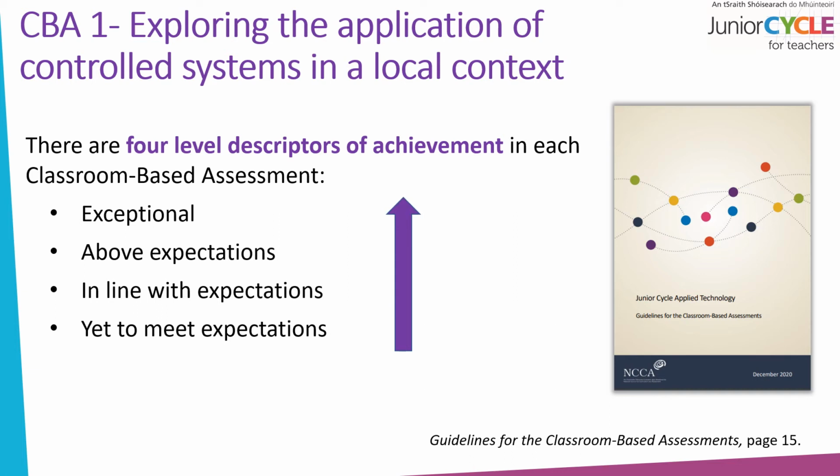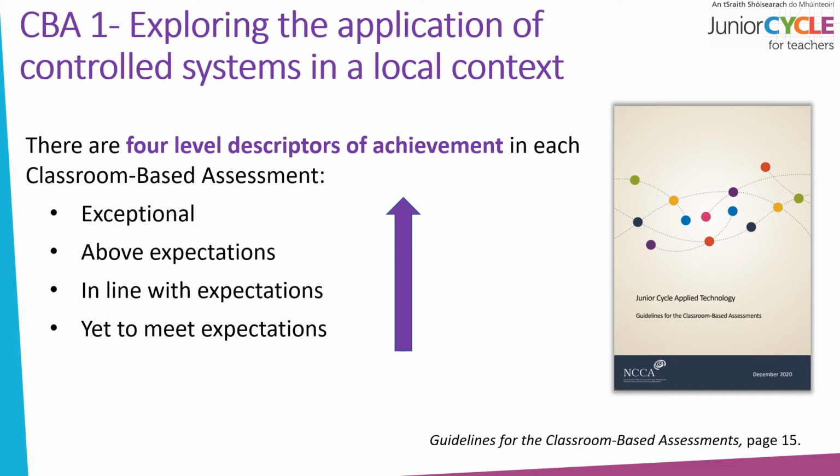The teacher should read the features of quality, starting with yet to meet expectations, until they reach a descriptor that best describes the work being assessed. The descriptor being awarded should closely match the criteria for that level descriptor within the features of quality.